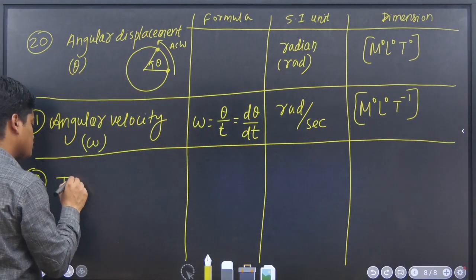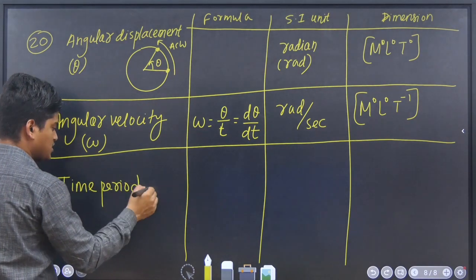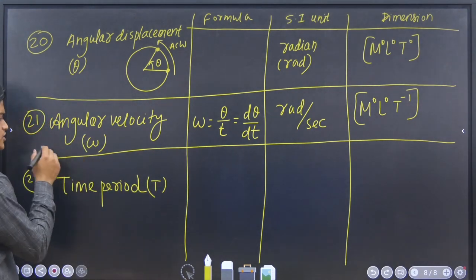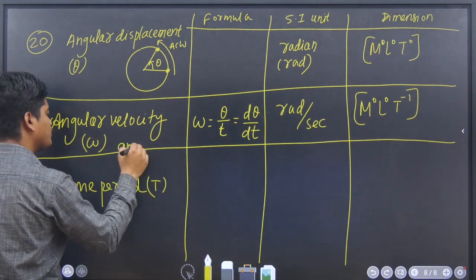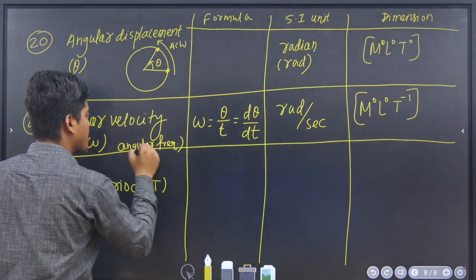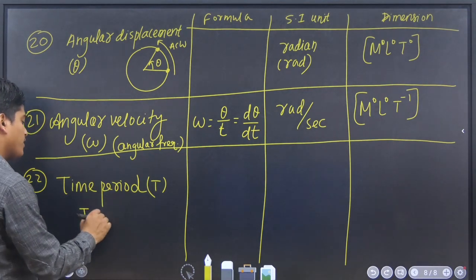One quantity is called time period, which is capital T. I am writing here that angular frequency also has the same unit and same dimension. So for time period and angular velocity, what is the formula?